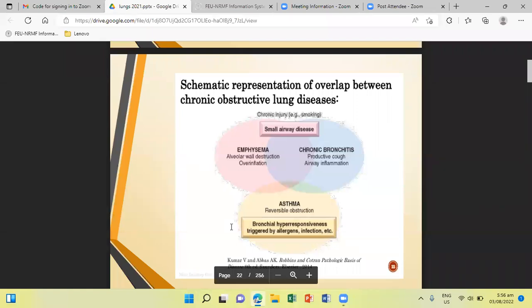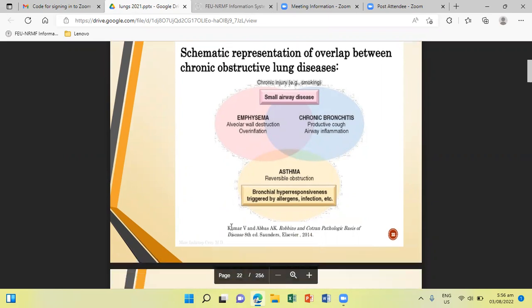This is lumped together as what we call COPD, or chronic obstructive pulmonary disease. It is defined by the WHO as a common, preventable, and treatable disease that is characterized by persistent respiratory symptoms and airflow limitation due to airway and/or alveolar abnormalities.